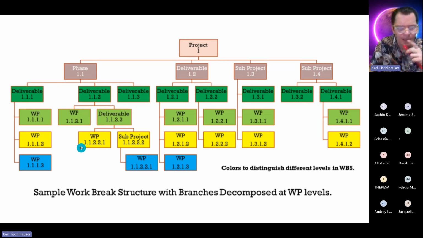And then they did something weird with this one: they put some of the deliverables in the second level. Okay, and this is probably what the project manager decided was necessary for the project. Sometimes projects are weird and have some weird things that are necessary. What you'll also see is you have a sub project where what we would normally have is a work package. And this is just because the project needs it.